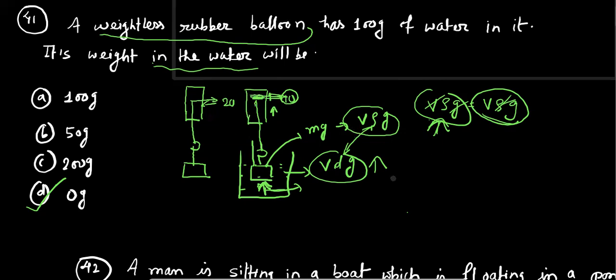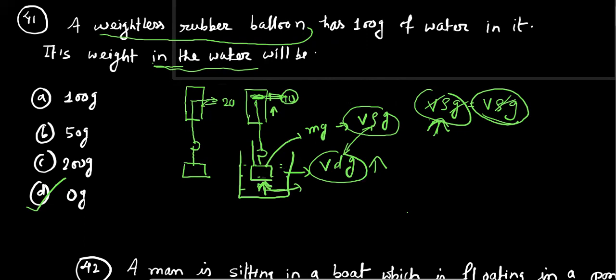Okay, so this is all about this particular discussion, and this is quite important because there is a mention of a rubber balloon that has 100 gram of water, and ultimately we want to find the weight of water in the water. Of course we are going to use Archimedes principle, and by using it we can easily say that upthrust acts on this balloon.